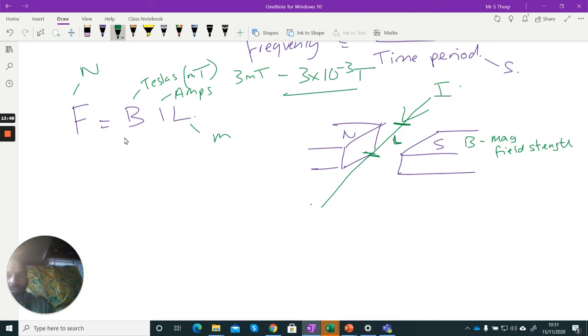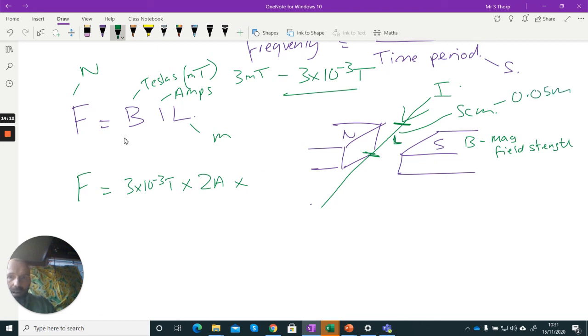Force is obviously measured in newtons, and so you could work out what force is needed if you've got 3 times 10 to the minus 3 Tesla magnetic field strength times by a 2 amp current times by, now sometimes this might be 5 centimeters, so you need to be able to convert that into meters, which is 0.05 meters.